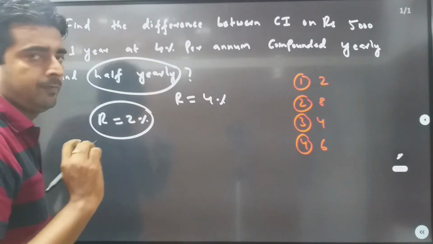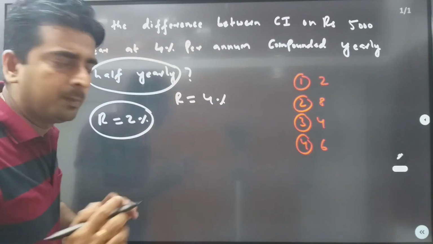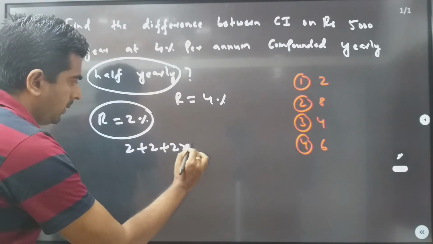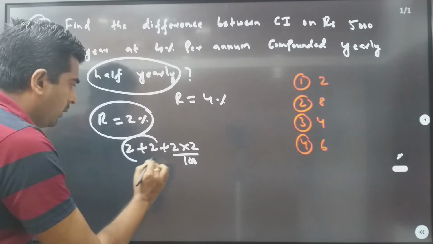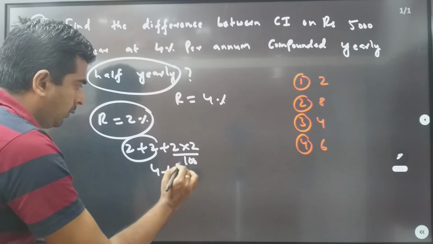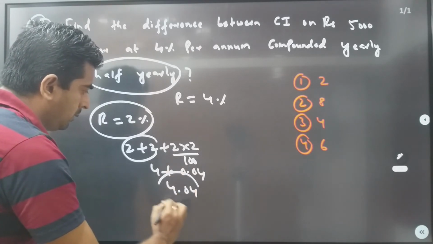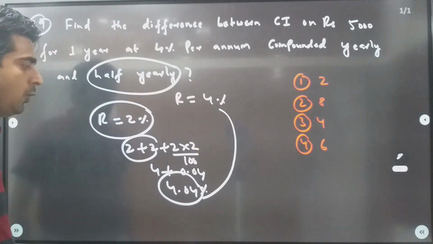And how many half years are there? 2, right? So we can follow successive percentage. 2 plus 2 plus 2 into 2 divided by 100. This is 4. This is 4 by 100 is 0.04. So this is 4.04%.